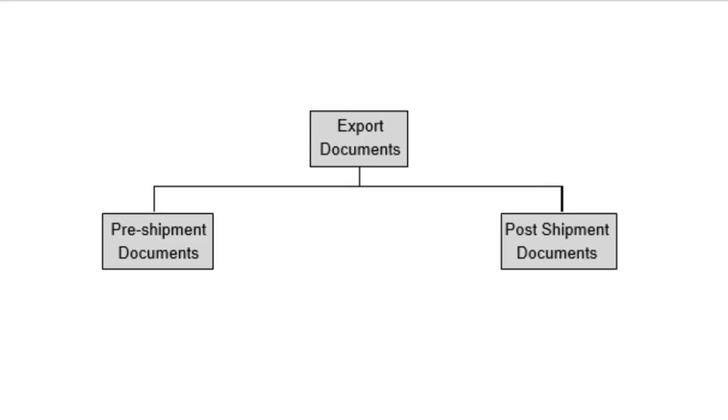Now we will understand post-shipment documents. So after dispatching the shipment, we receive some documents. First we receive bill of lading from the shipping line or master airway bill from the airlines.